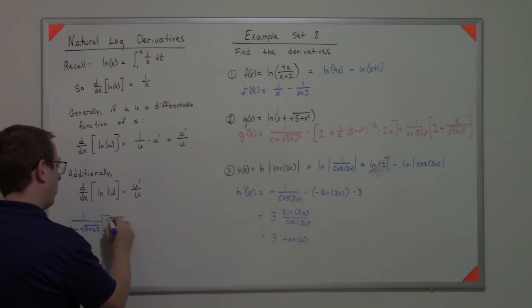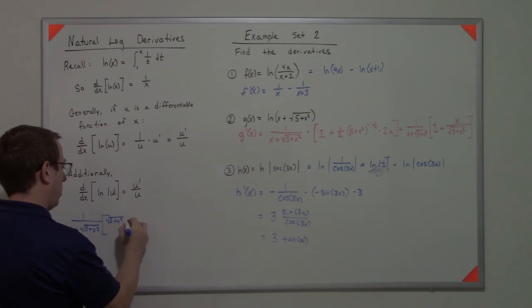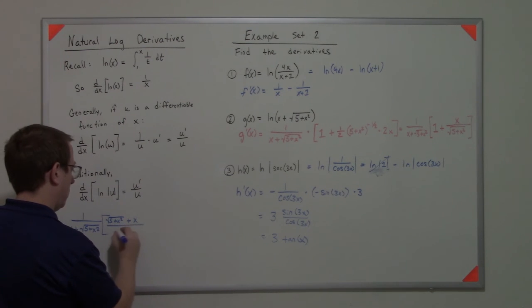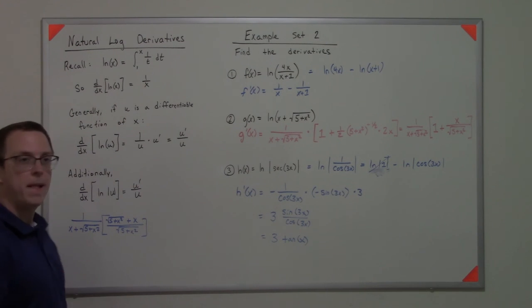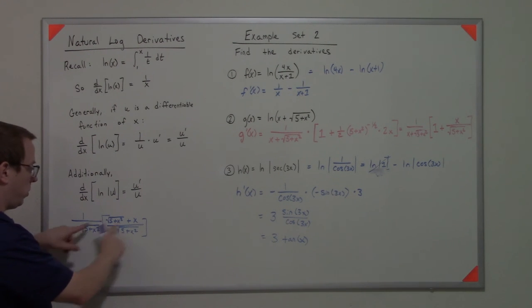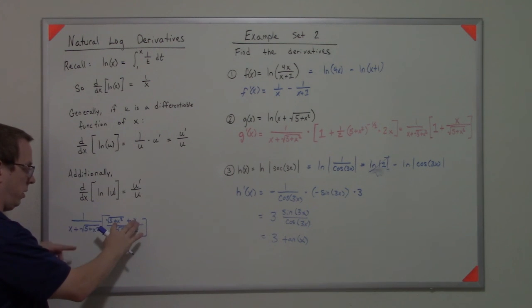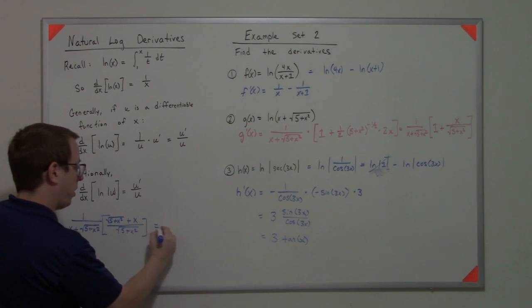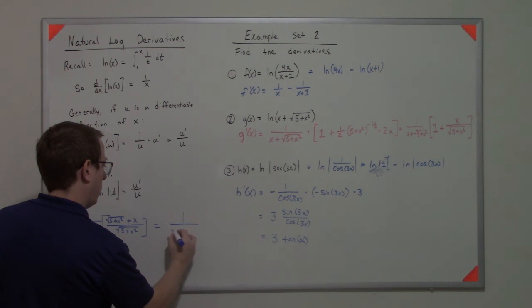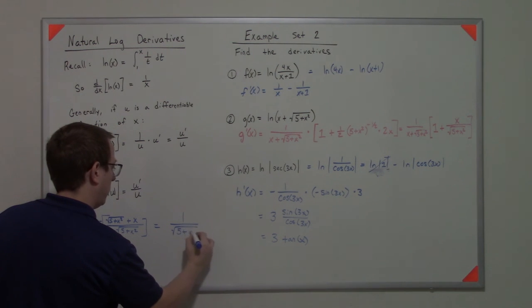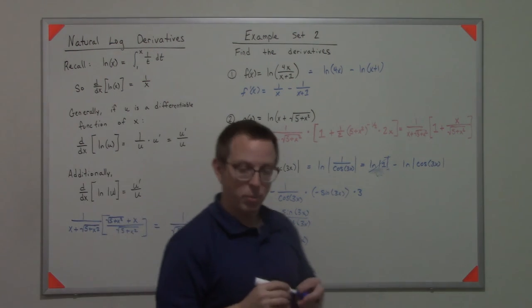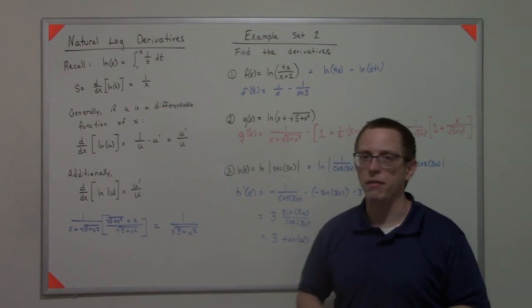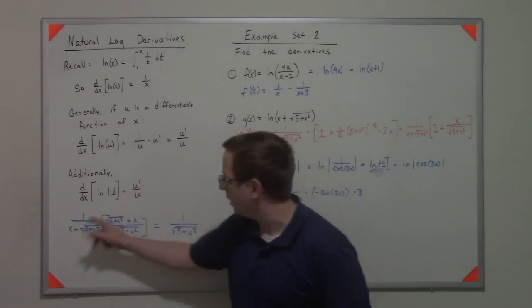So now we have the square root of 5 plus x squared plus x over the square root of 5 plus x squared. Lo and behold, those two are the same, the same top and bottom, so our final answer is 1 over square root of 5 plus x squared. Which is actually kind of neat. That's kind of clean. But it might have been harder to arrive at if you didn't think to get the common denominator.